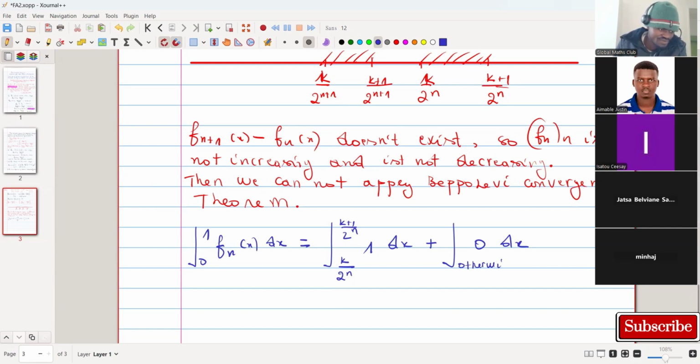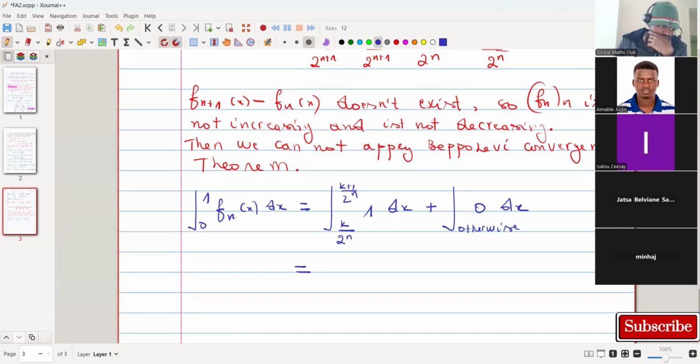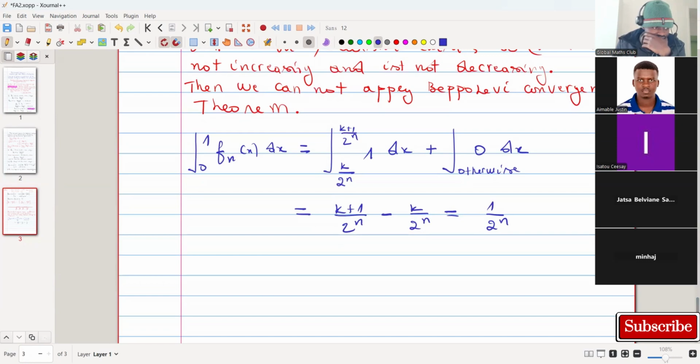So this is just k plus 1 over 2 power n minus k over 2 power n, which is 1 over 2 power n. So that is the integral.